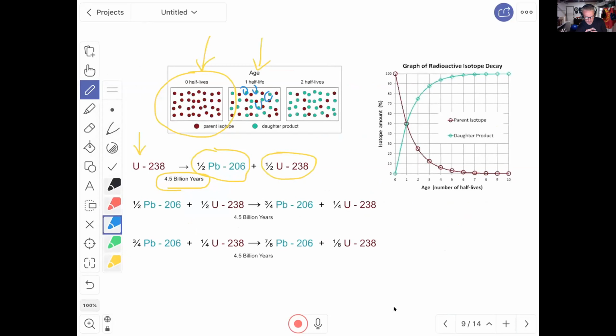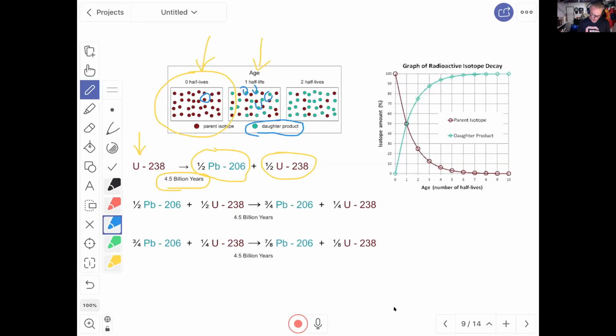Half of these maroon ones have turned into teal-colored ones. And so that's called the daughter product. The daughter product means that it came from this. It's almost like this is the parent and that's the child, okay? So we know at this point that our rock would be 4.5 billion years old. Now, this would be impossible here on Earth because our Earth is only 4.6 billion years old, but let's take it a step further.